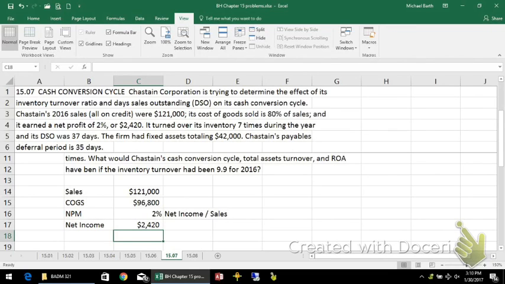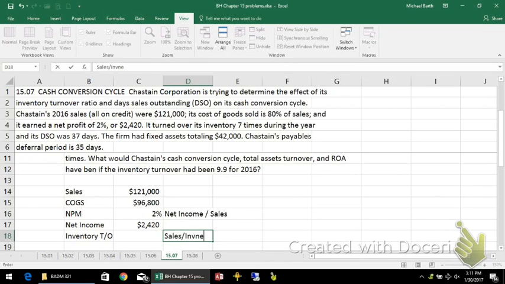I've got an inventory turnover. Your textbook authors use sales over inventory, which I detest as the ratio. You can take inventory divided into sales or into cost of goods sold. I believe cost of goods sold is a better measure, but some people use sales, and there's no good reason for it.